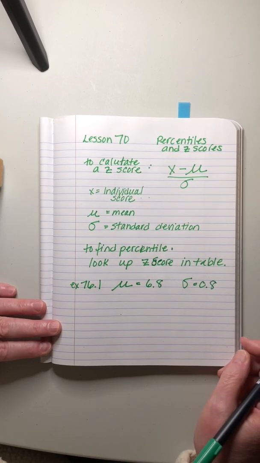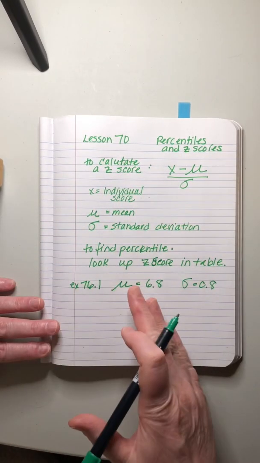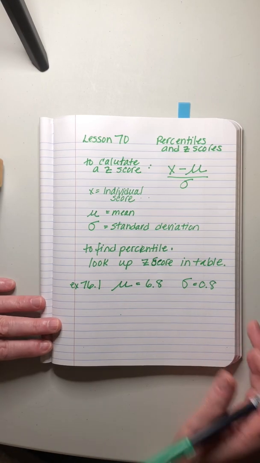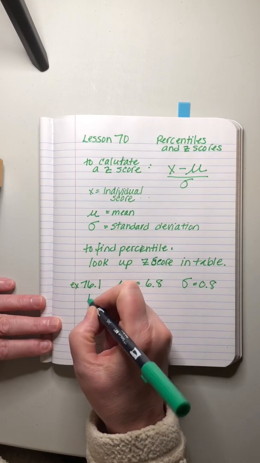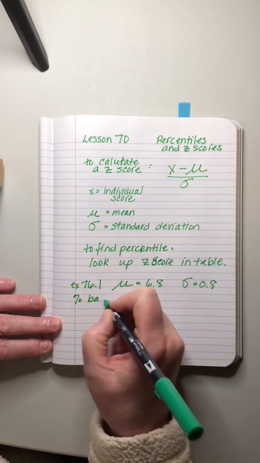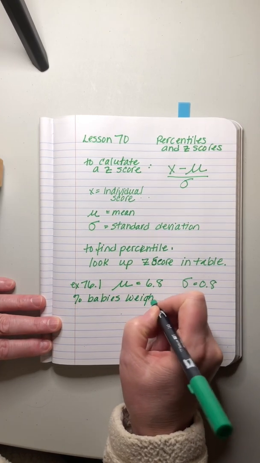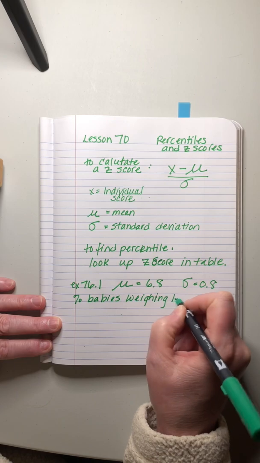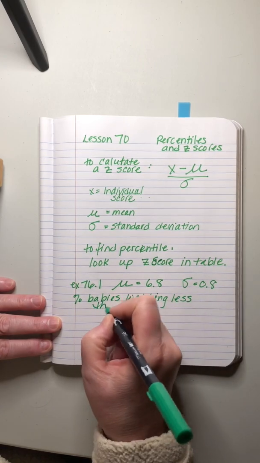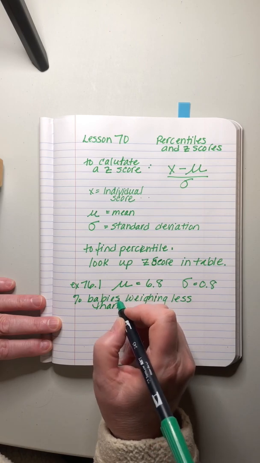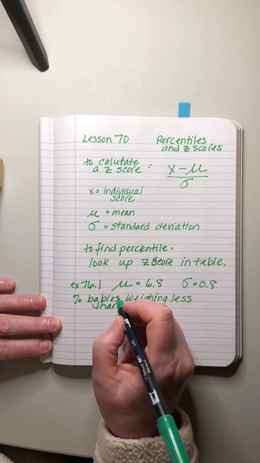If the distribution of weights were approximately normal, which means all of this is going to work, what percent of babies weighed less than 6.4 pounds? So we want the percent of babies weighing less than 6.4 pounds. Okay.